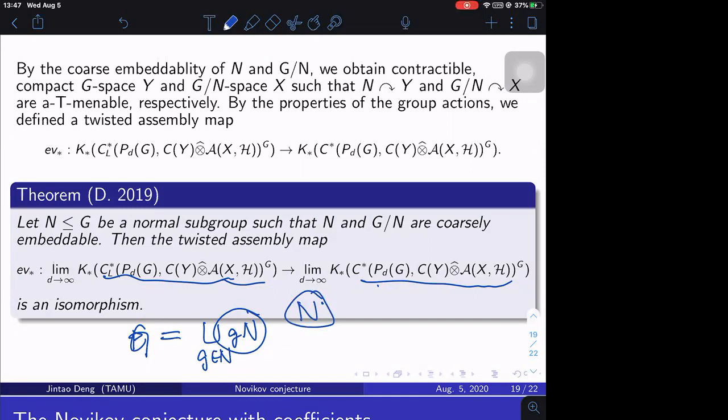And by the result, the Baum-Connes conjecture for N with coefficients in those continuous functions holds for N. So we do the cutting and pasting: we cut the Rips complex of G into a lot of pieces of the Rips complex of N. Because of the definition of the equivariant Roe algebra and localization algebra, it's a bunch of fibers of Baum-Connes conjectures for N, and since they are invariant, we just consider those fibers.